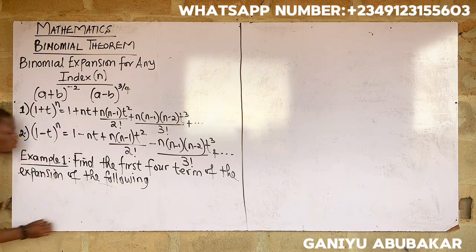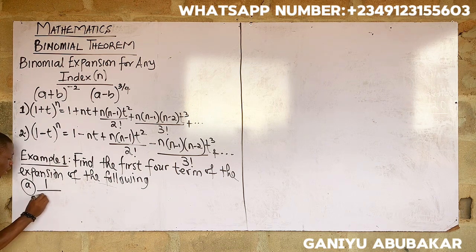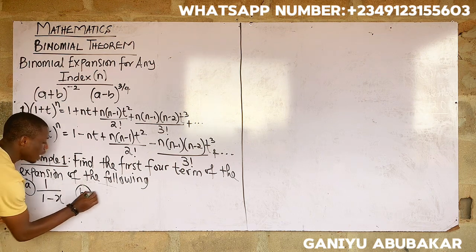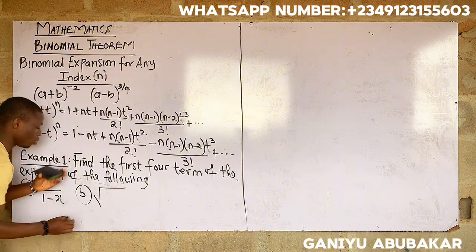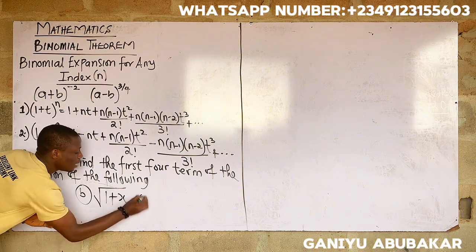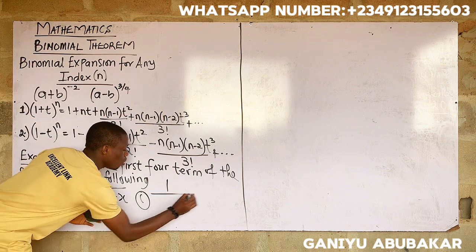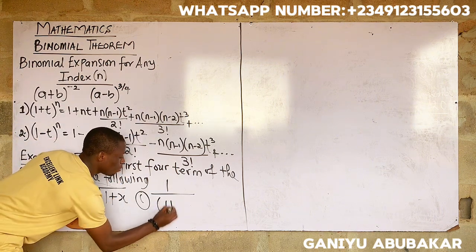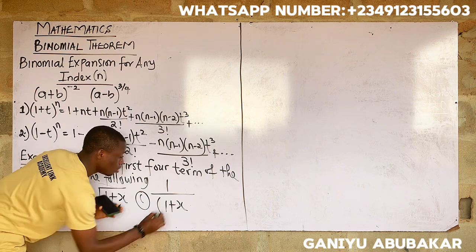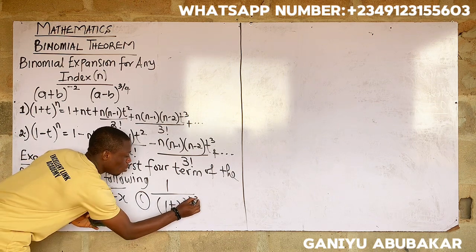So the first one goes this way. A, I have 1 over 1 minus x. Then B, that's the root of 1 plus x. And then C, I have 1 all over 1 plus x squared or cubed.